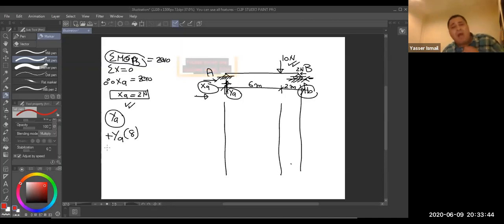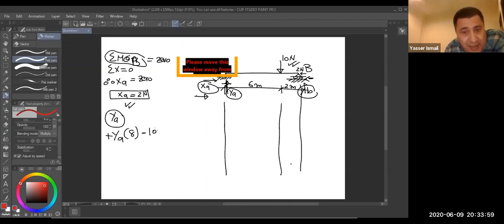I will tell you soon how to define positive and negative. And this force 10 gives me a negative moment at B, which is minus 10 multiplied by 2, equals 0.